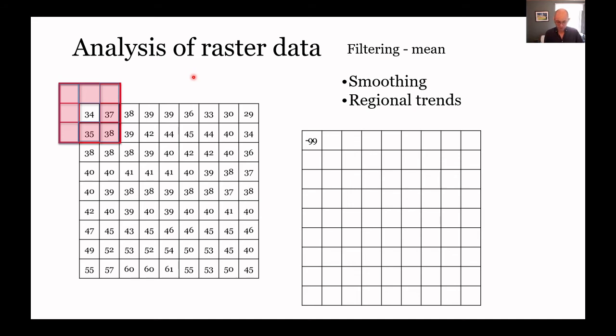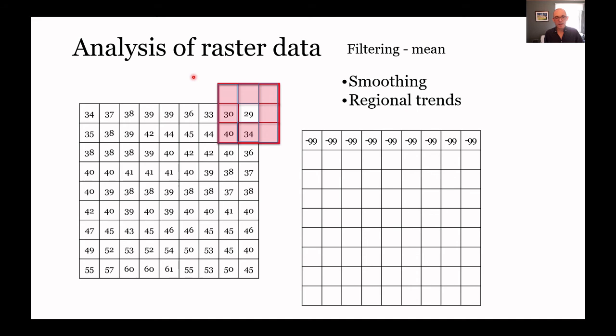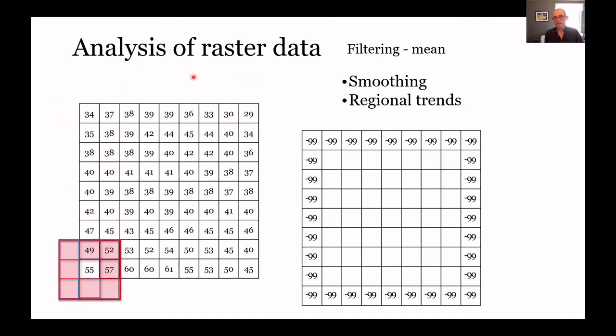We'll leave the edges out. So that one's invalid, and that's the same all along the top. And in fact, we have it all down the side. All sides have this problem. So we leave out the edges, don't calculate the values along the edges, because the data there wouldn't have the same quality as the data within the image.